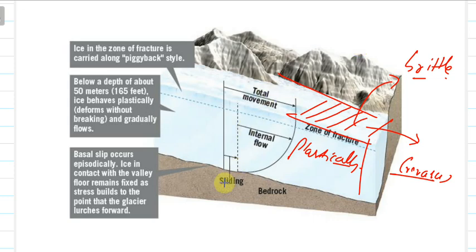At the base, the ice is basically sliding due to the friction caused by this huge ice mass.